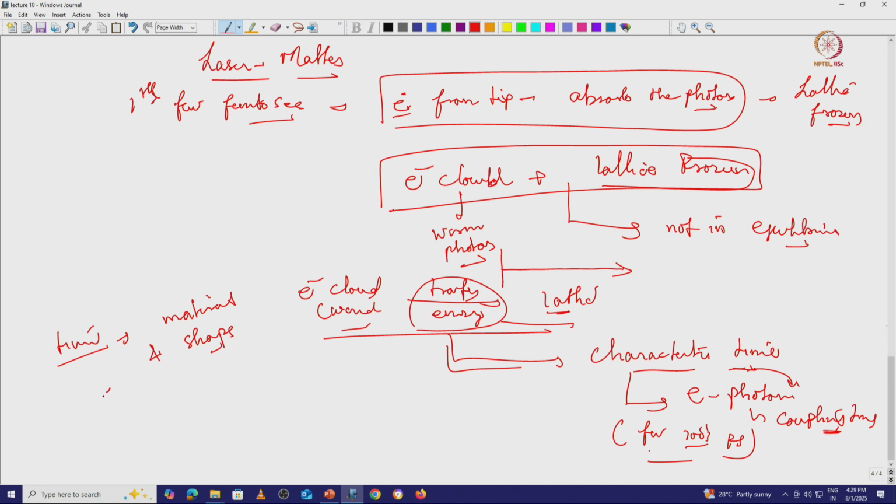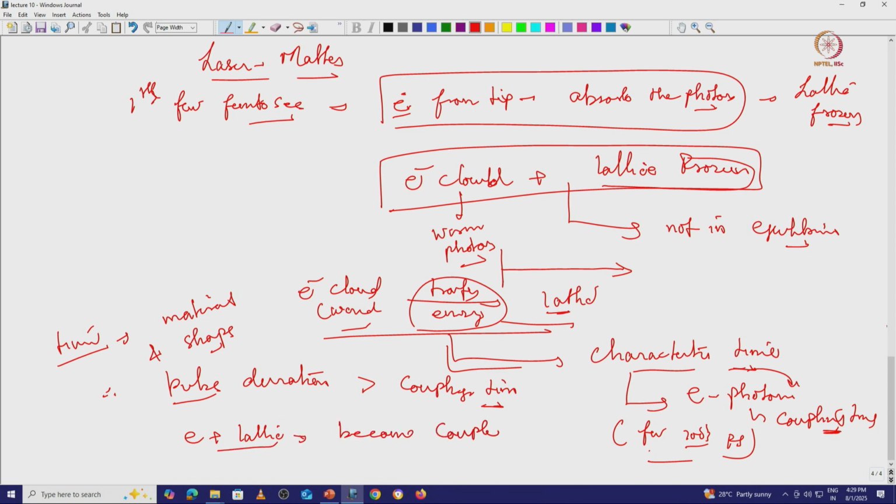Okay, so therefore if the laser pulse duration is greater than this characteristic or coupling time, then the electron cloud plus lattice becomes coupled together during the laser pulsing. Okay, remember I am talking about the laser pulse duration.